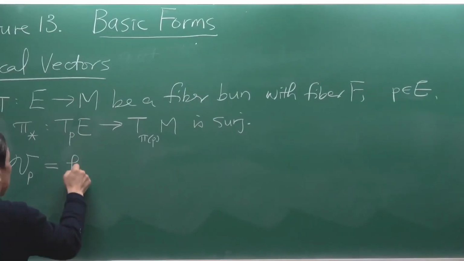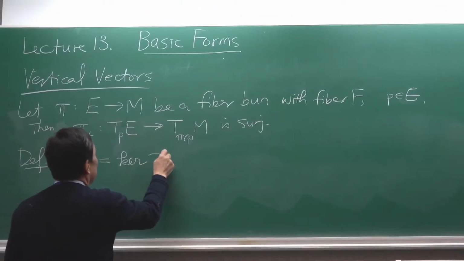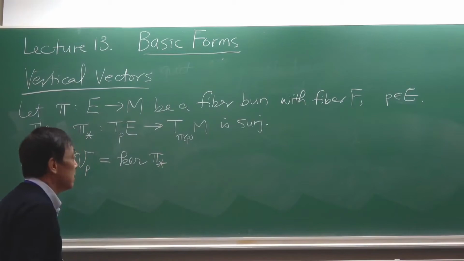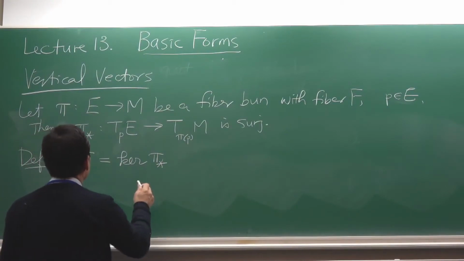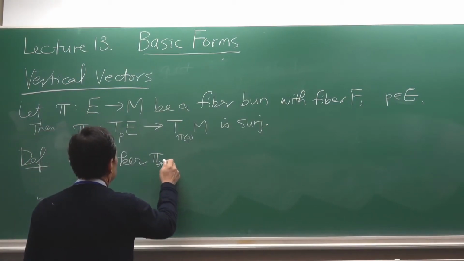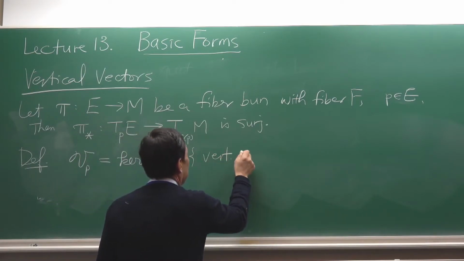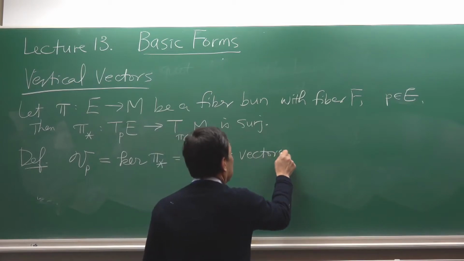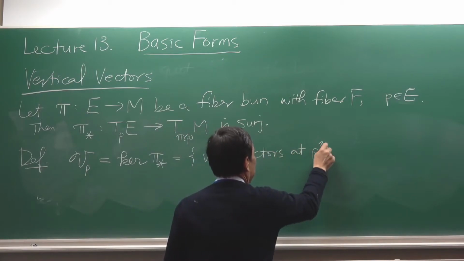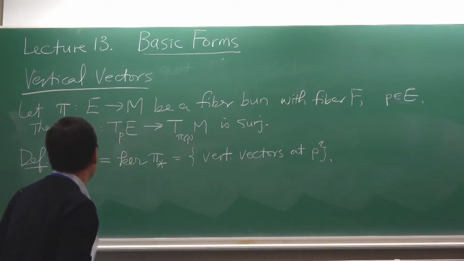V_p is the kernel of pi star. It's the vertical vectors at p.